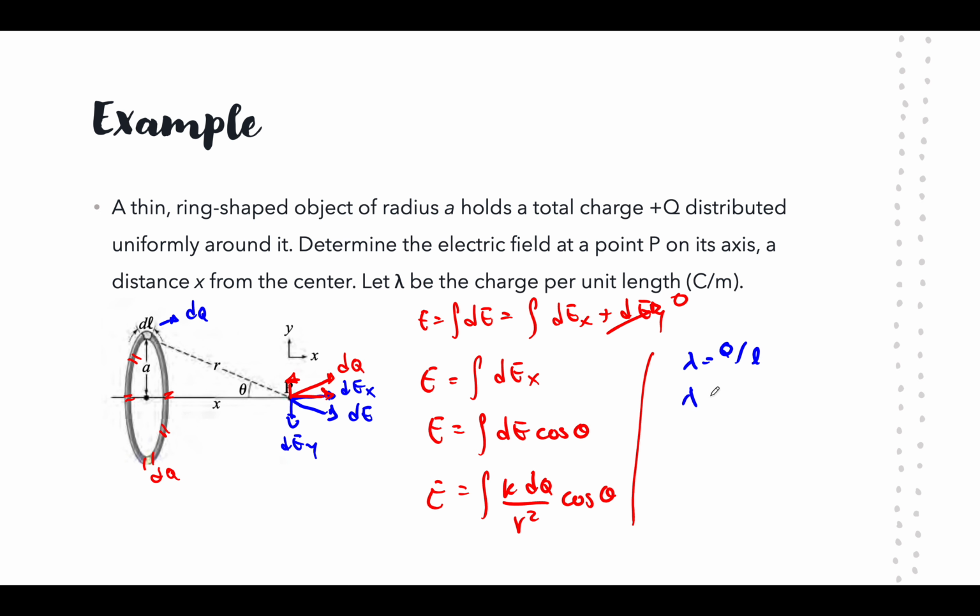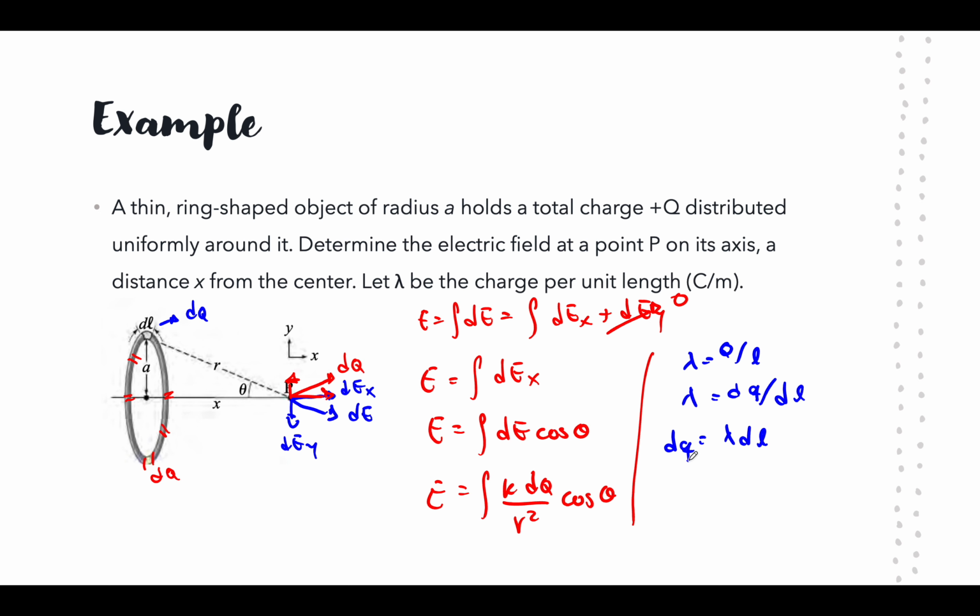So lambda is also going to be equal to dq over dl, which means that dq is going to be equal to lambda dl, okay? So I can make that first substitution for dq.